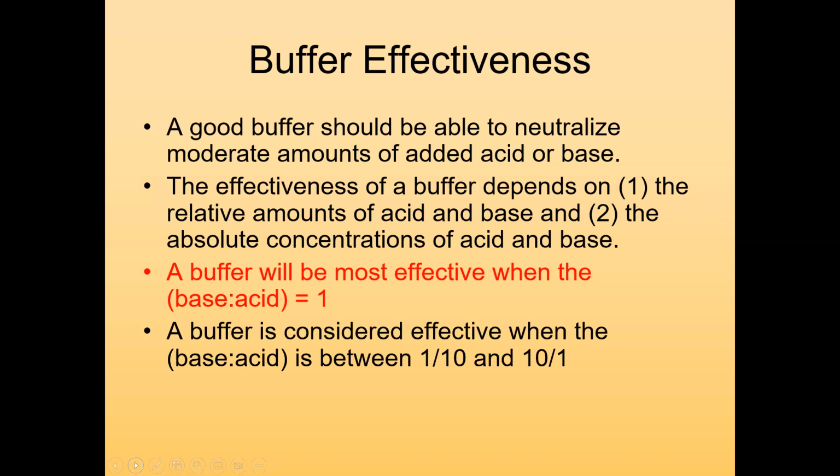So even if we had like a 0.1 molar and then a 1 molar part of a buffer, that is still within ratio. But if they're too far apart in ratio, it's not going to be a very effective buffer.